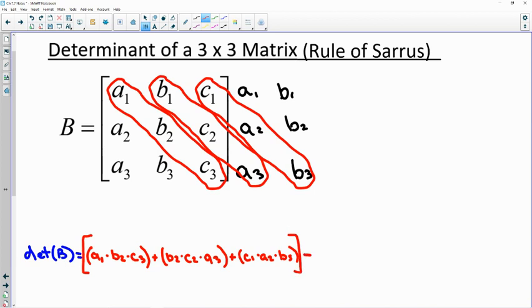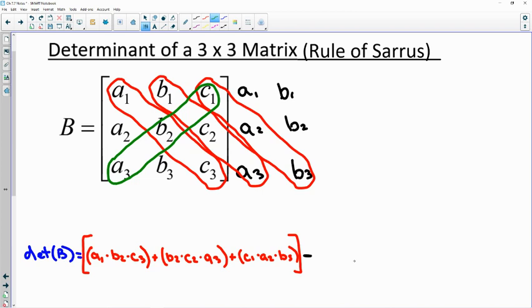And then you're going to go minus. Now we're going to do the up diagonals. So what up diagonals? Well, this one here: A3, B2, C1. Sorry, that's my ring.